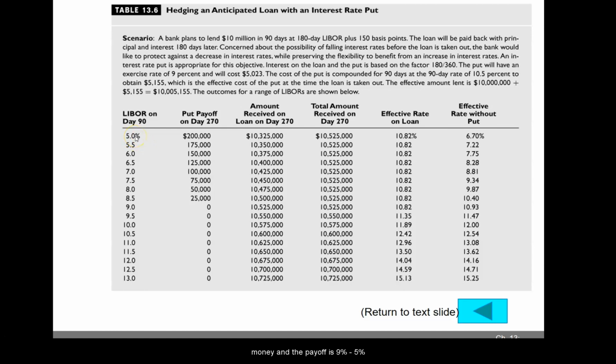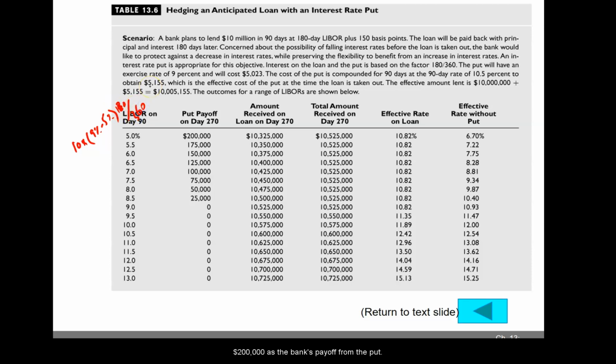So the put option is in the money, and the payoff is 9% minus 5% multiplied by 180 divided by 360 and then multiplied by the notional principal, that is 10 million multiplied by 9% minus 5% multiplied by 180 divided by 360.